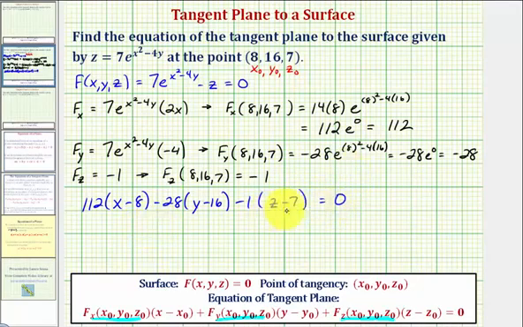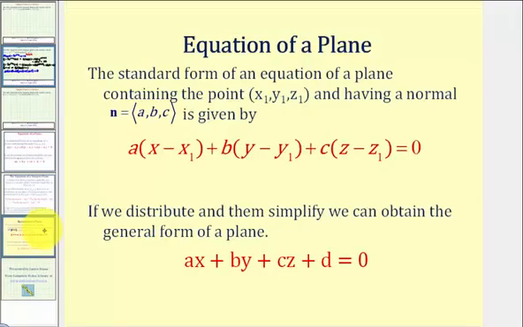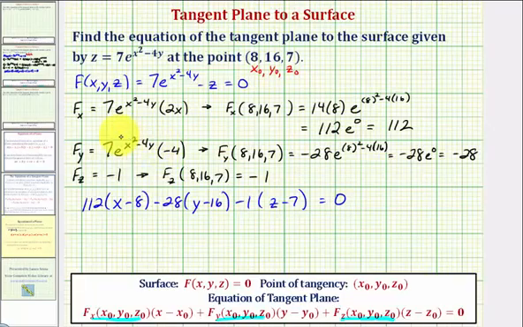So again, reviewing the equations of a plane, we just found the standard form of the equation of our tangent plane. If we distribute and simplify, we have the general form. In our homework, though, they want us to solve for z. So now we'll distribute and simplify, then solve for z.